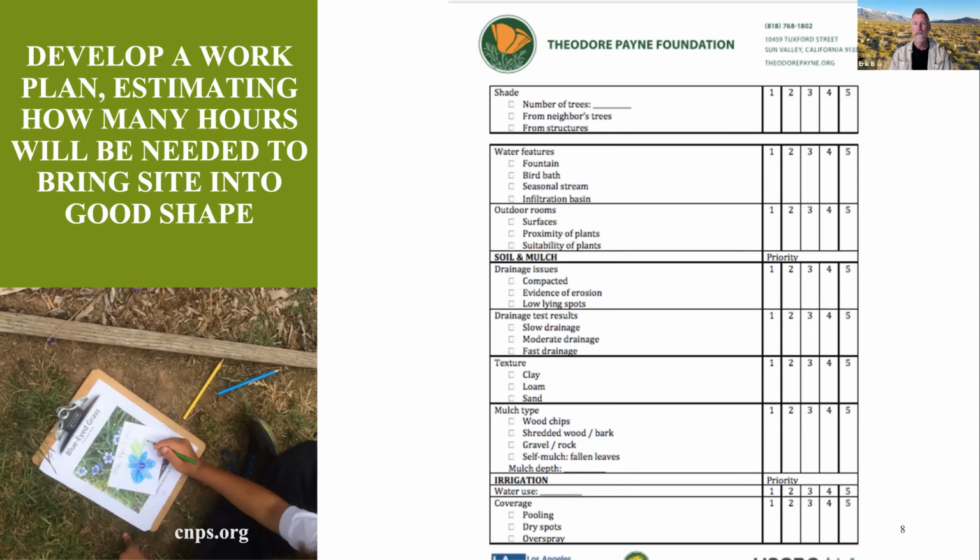It might be good with that Google Doc or Google image to start shading in on the paper itself where the shade might be. Are there water features, outdoor rooms? So where do they like to spend their time? How do they like to use the garden?